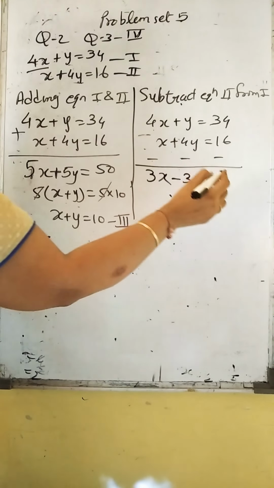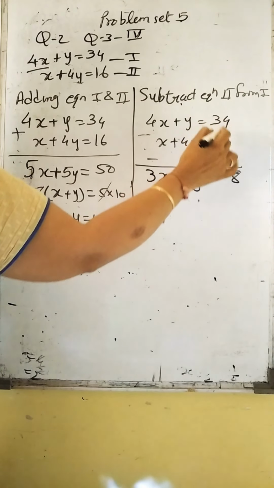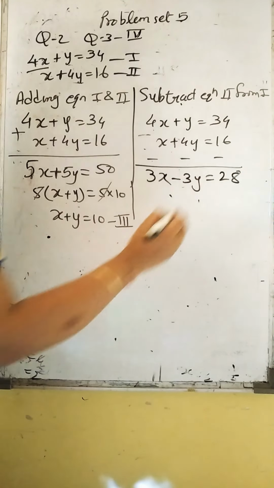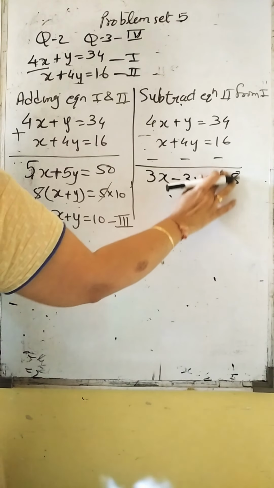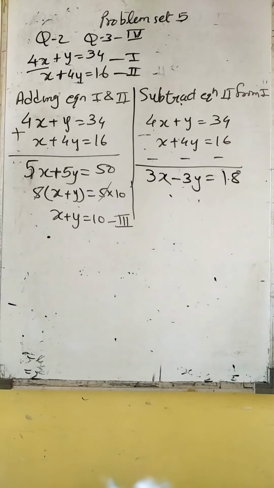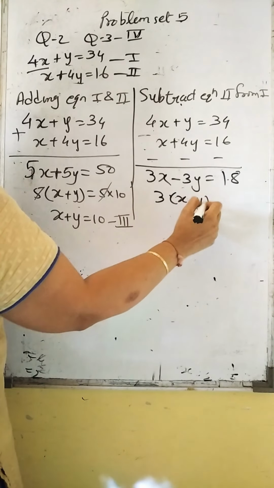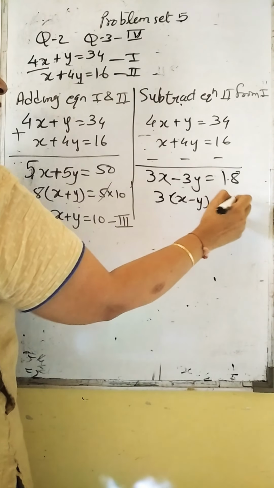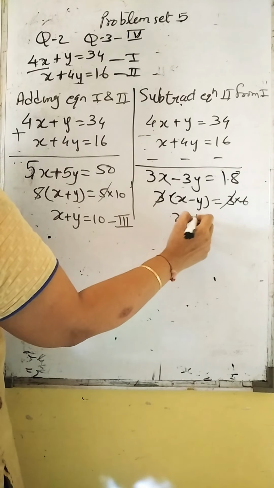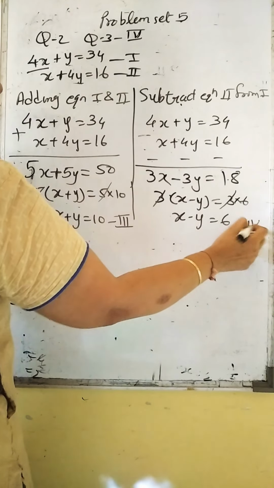And here 34 minus 16 you do... no, 18. Right? You have 3x minus 3y equal to 18. So you can take 3 common. x minus y is equal to 3 into 6. 3 got cancelled. x minus y is equal to 6. This becomes your equation number 4.